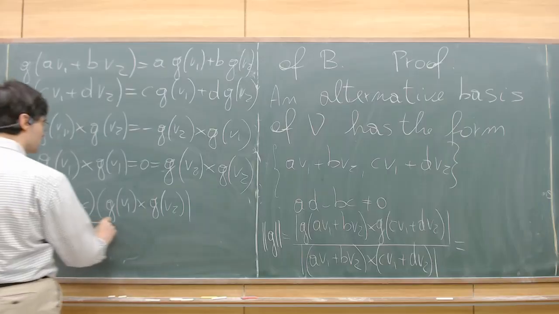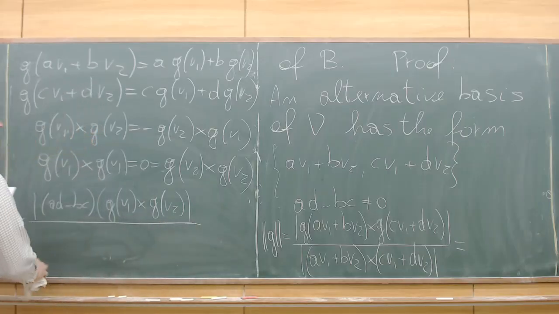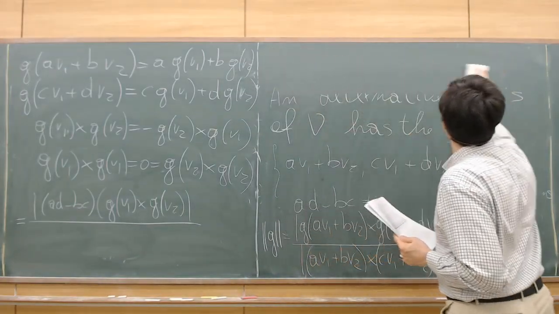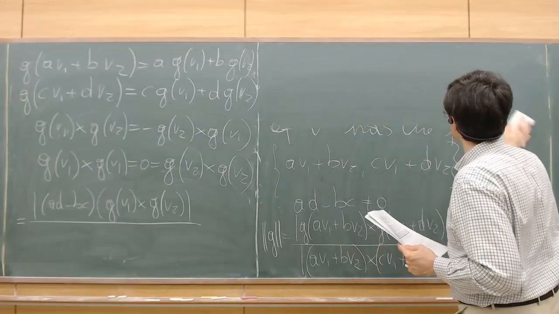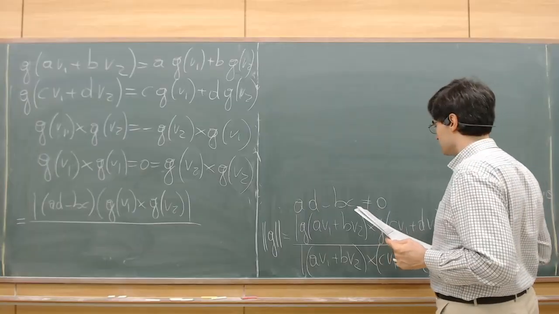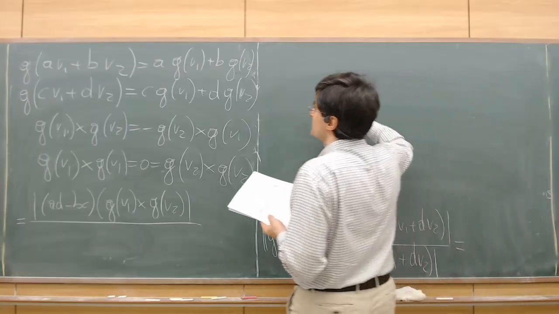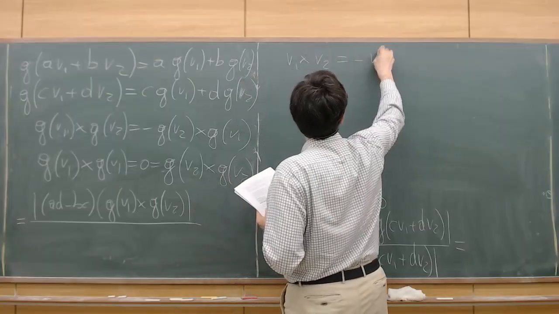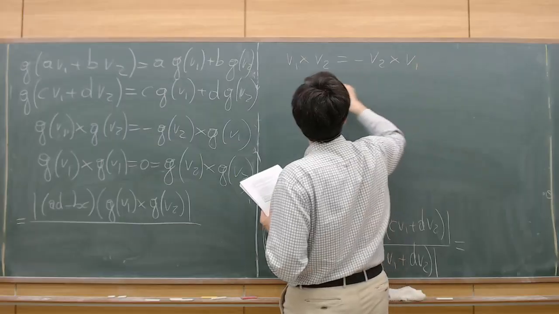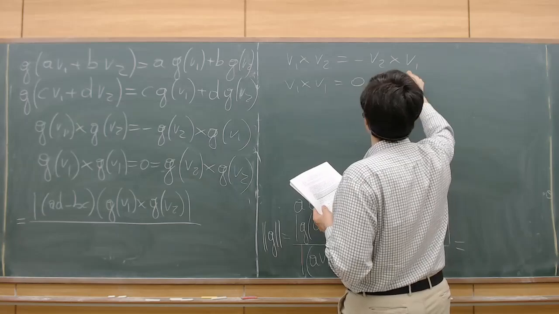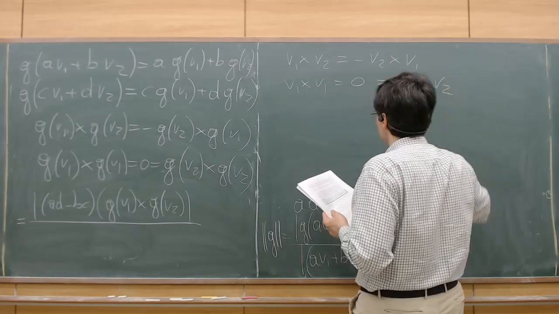What about the denominator? You use the fact that V1 cross product V2 is minus V2 cross product V1. V1 cross product V1, this is 0, and this is also V2 cross product V2.